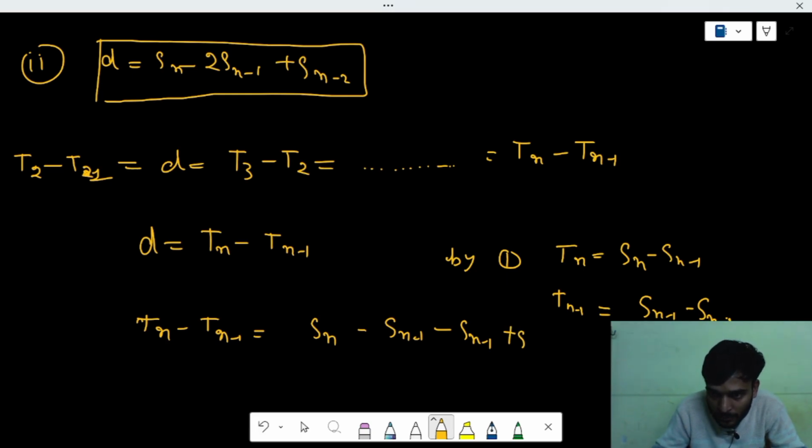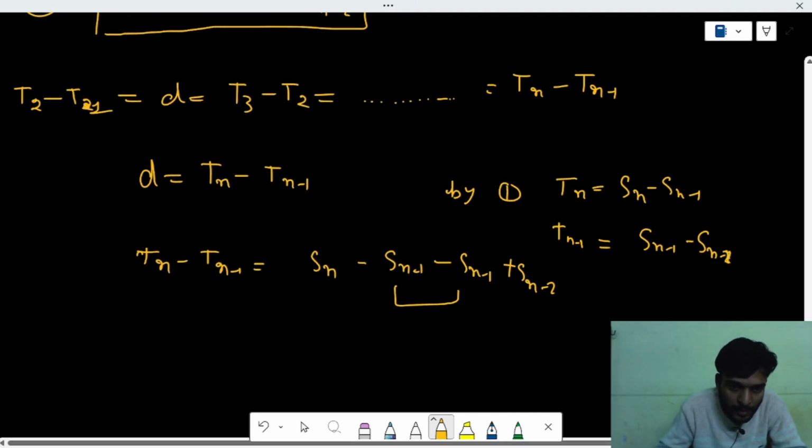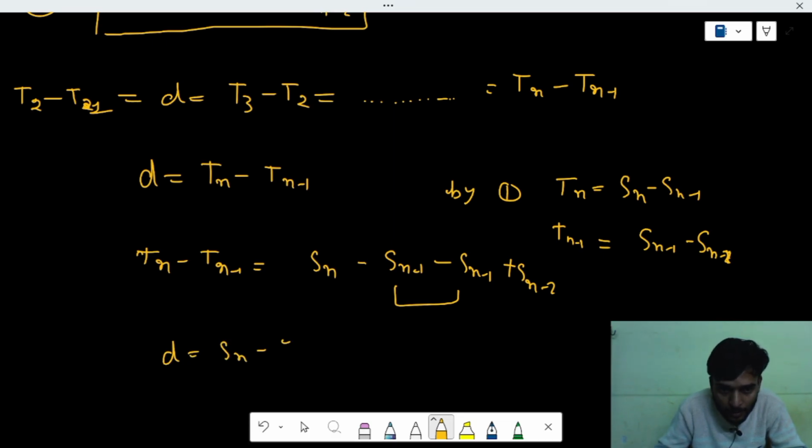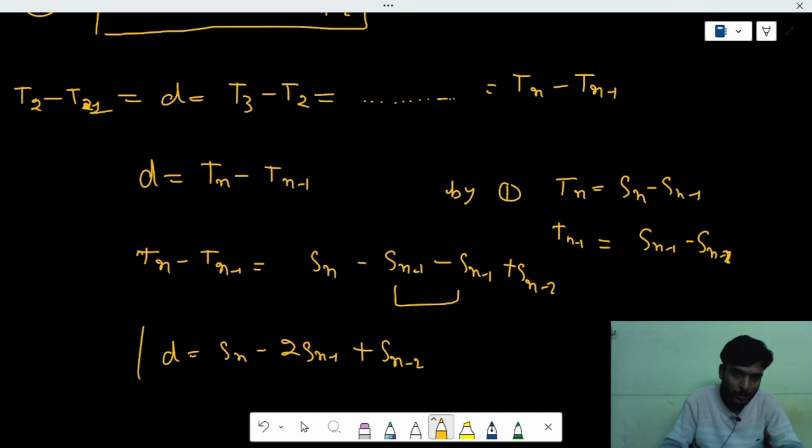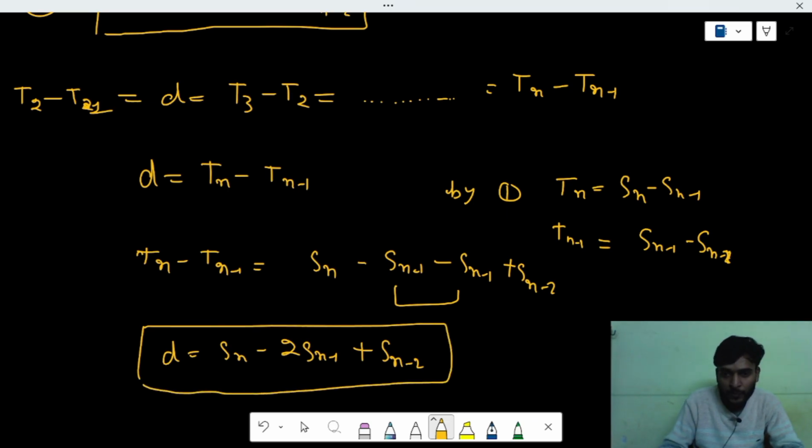Sorry, this is 2 Sn minus 1. So d equals Sn minus 2 Sn minus 1 plus Sn minus 2. Hence the property is proved.